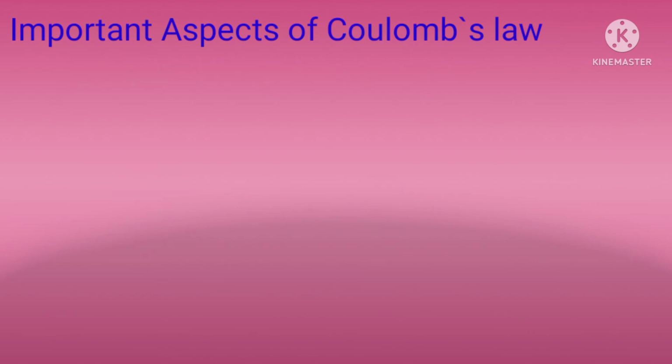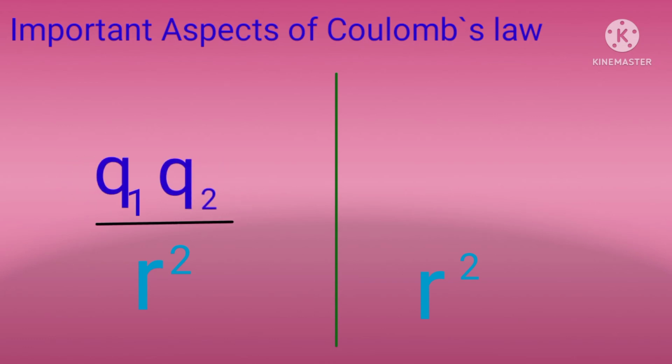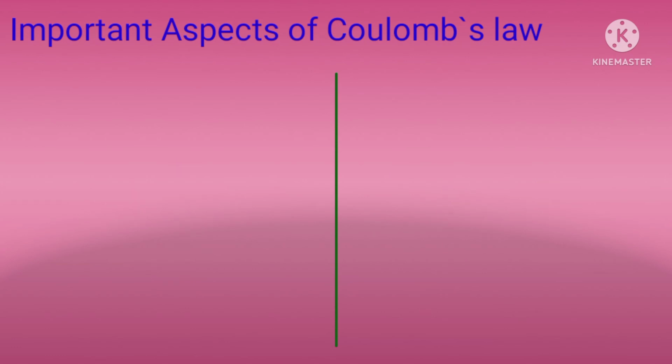Now, the sixth aspect of Coulomb's law is it has the same structure as Newton's law of gravitation. Both Newton's law and Coulomb's law are inversely proportional to the square of the distance between the particles. The electrostatic force is directly proportional to the product of the magnitude of 2-point charges, and gravitational force is directly proportional to the product of two masses.